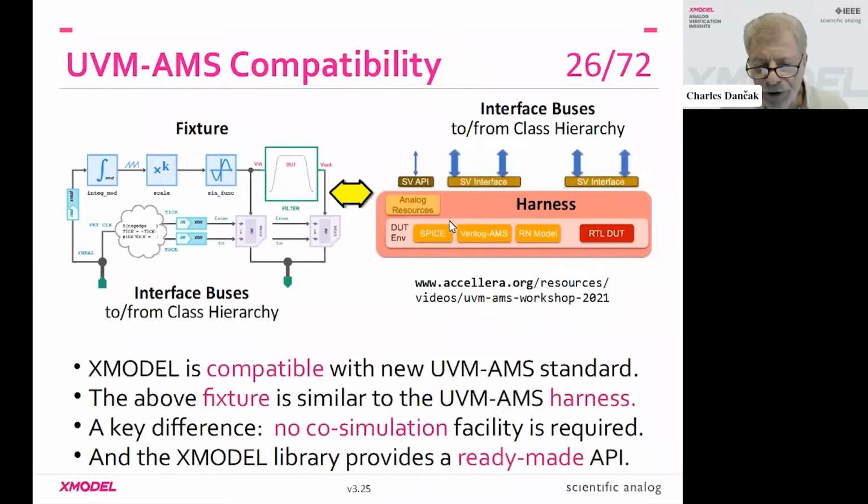This picture is actually from their last year presentation, but you can see that what they call the harness is very similar to what we term the fixture. It has analog resources inside of it. We can use resources from the XMODEL library. So very similar in principle. The only real difference is that with XMODEL, there's no co-simulation needed.